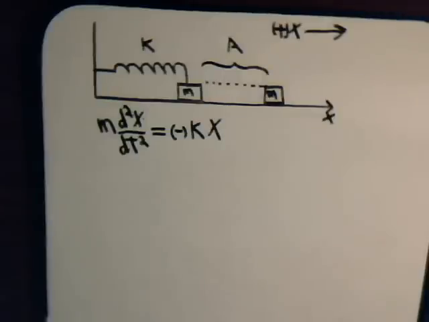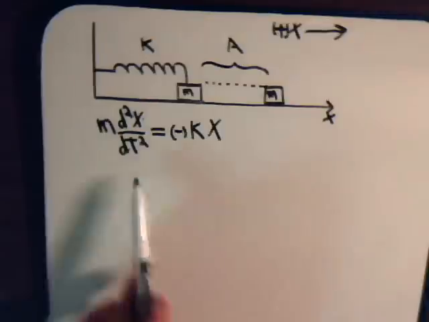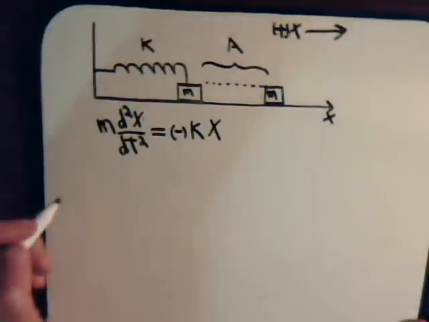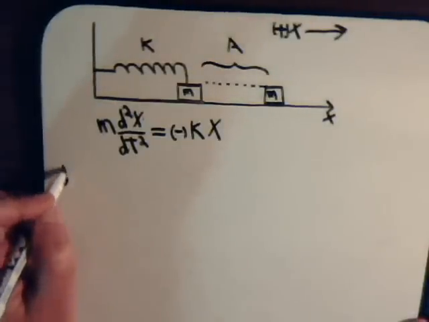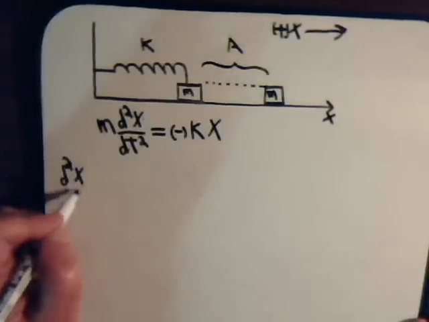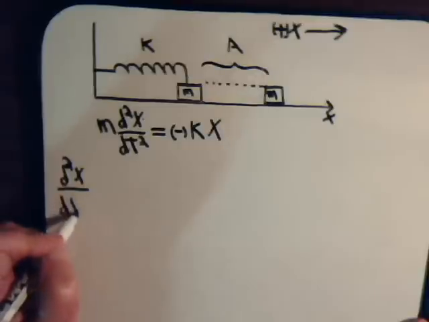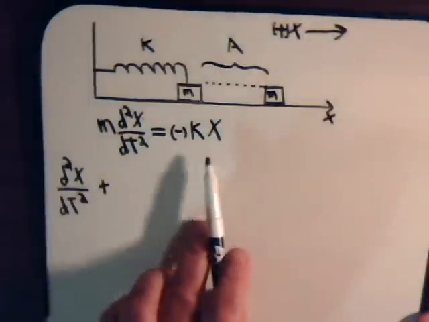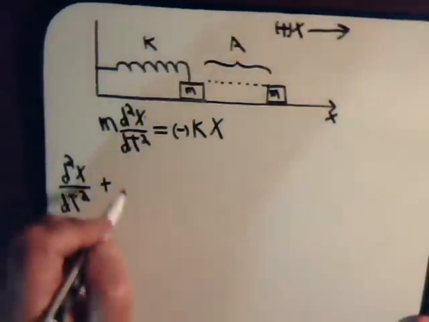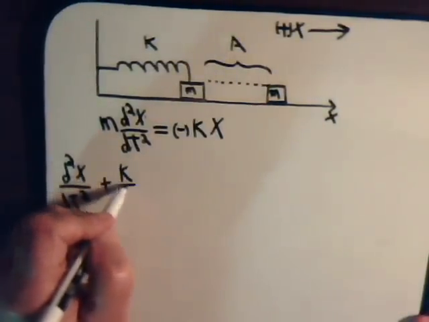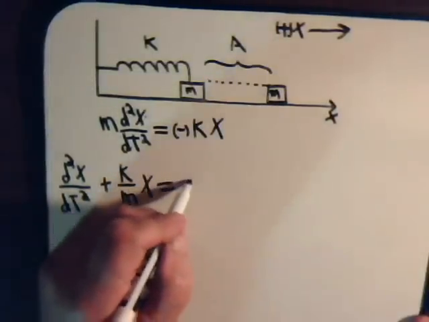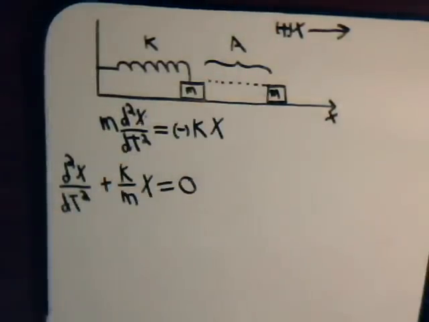Here then, we have just this simple equation, and we can bring this over to here. So we have d squared x dt squared plus, bringing this over here and dividing it through by m, k over m times x equals 0.